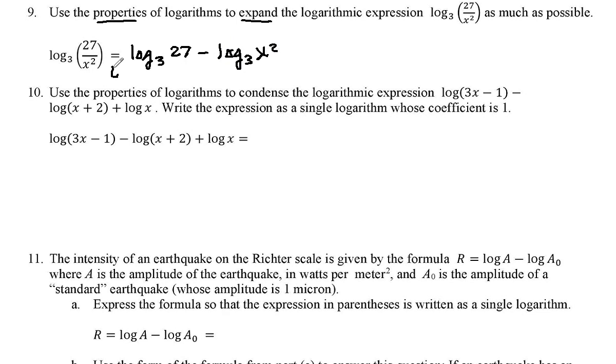Okay, and I like to call this, division inside the log equals subtraction outside. That's one way you can remember that property. And then let's see here, exponents factor down. So this inside exponent can come down in front. And then the exponent over 3 that gives 27, this is just equal to 3.